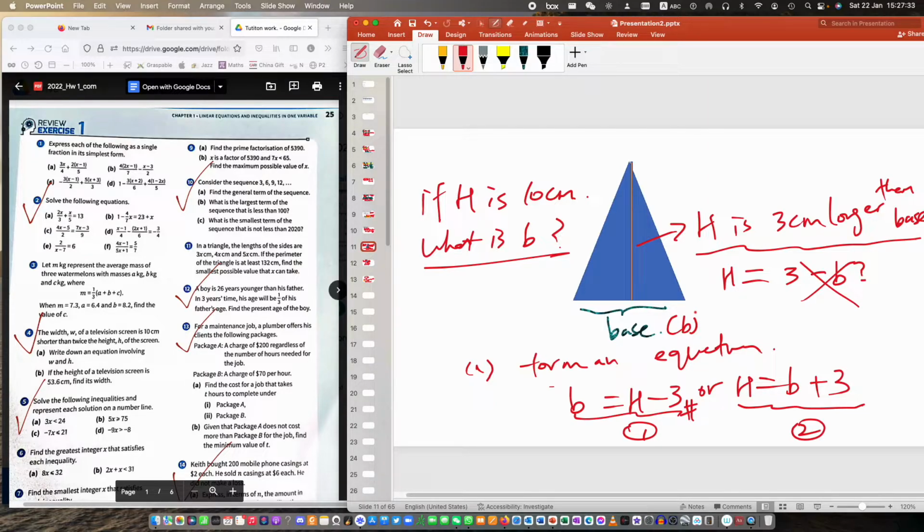But which one is easier? H is now 10, right? Which one is easier for you to find B? One. So if one is easier, choose one. So what is B? 7. Does it make sense? Okay. So that's how you do this question.